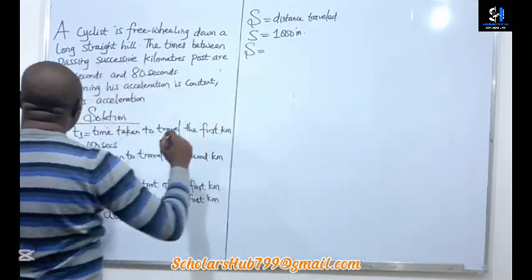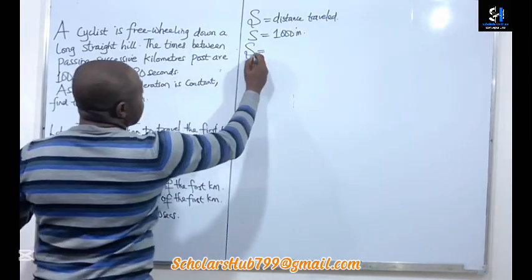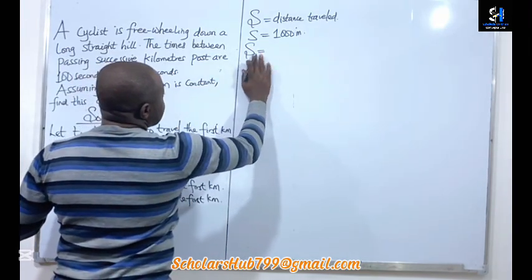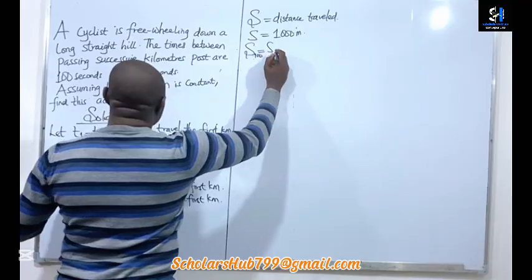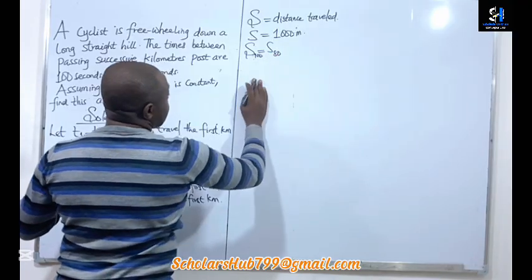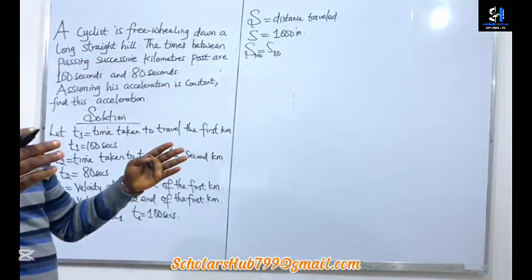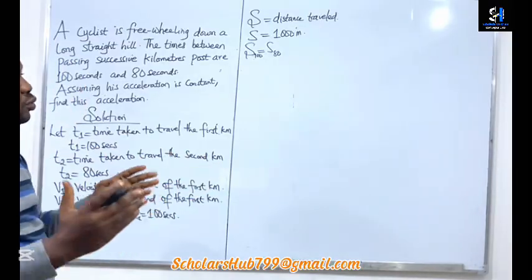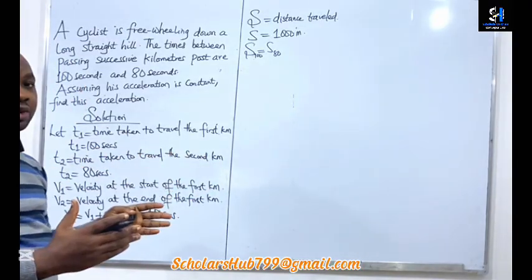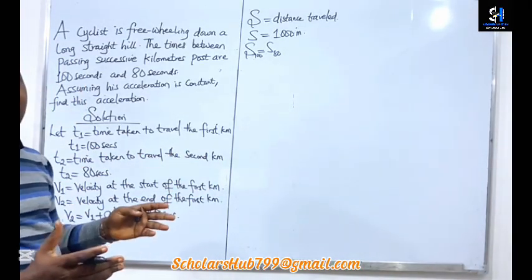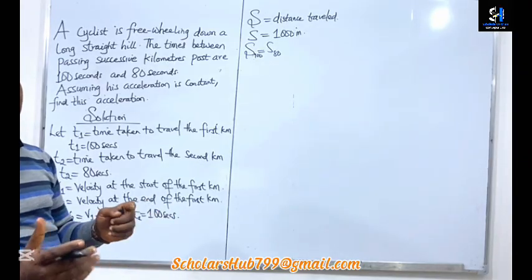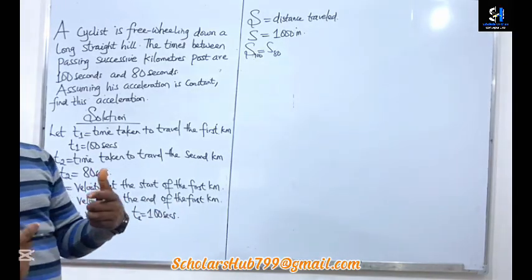So the distance during the time of 100 seconds is the same as the distance when the time is 80 seconds, they are equal. But we can't use that alone to solve for A.